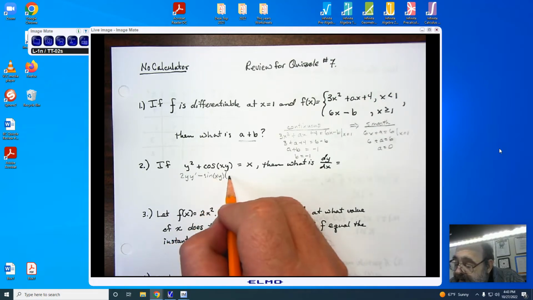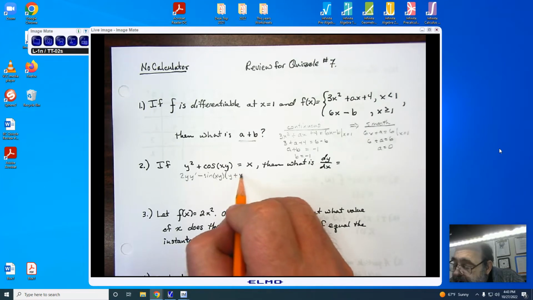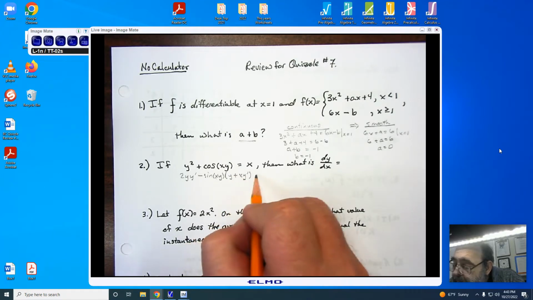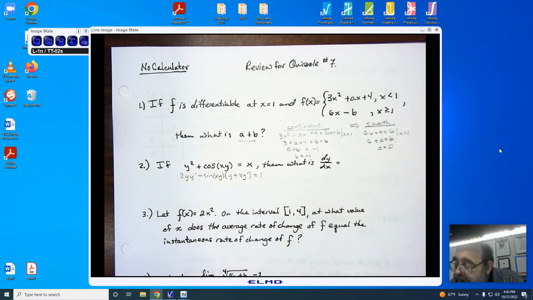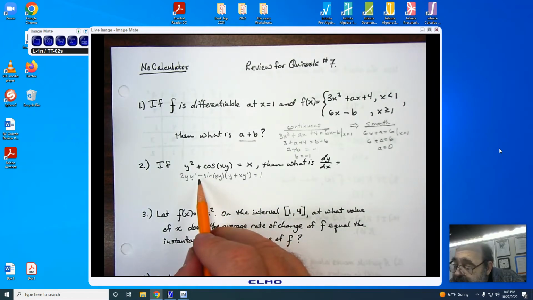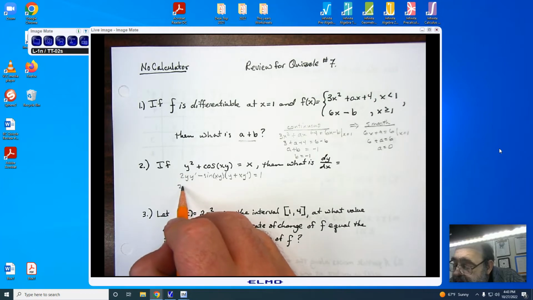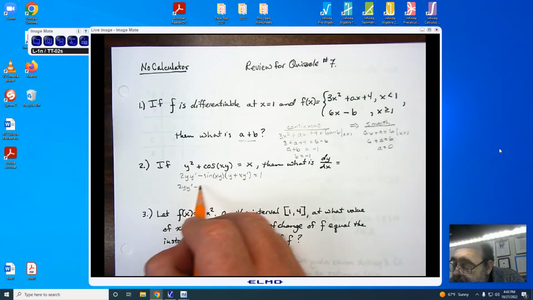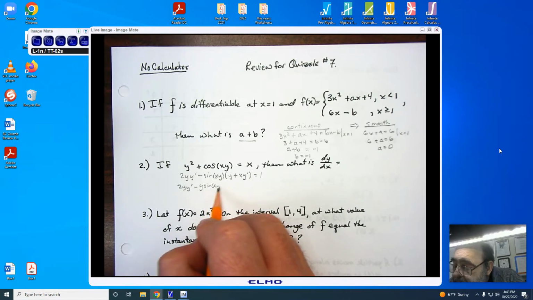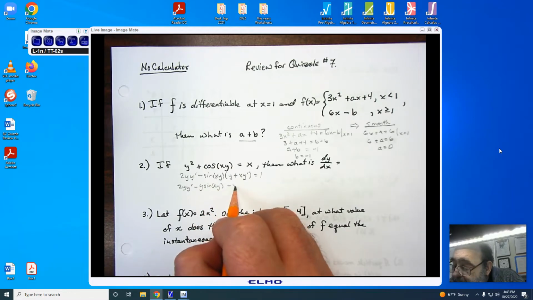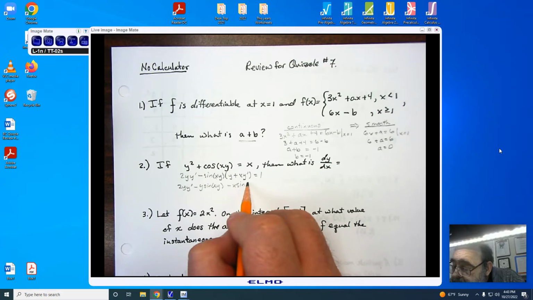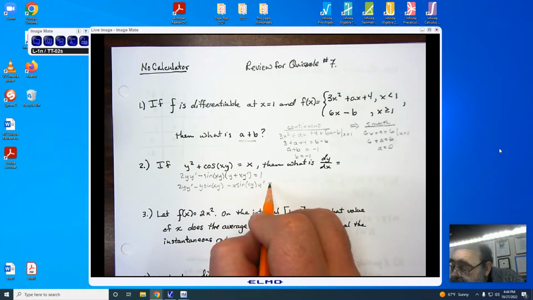So I take the derivative of x, leaving y alone, plus the derivative of y, which we call y prime, and it equals 1. I now have to distribute the negative sine xy to both of these terms. So that 2y y prime minus y sine xy minus x sine of xy, y prime equals 1.